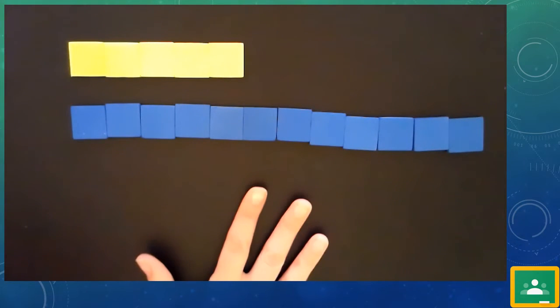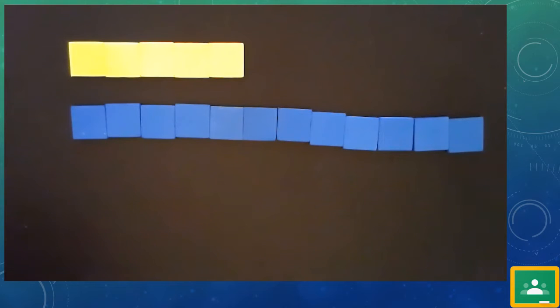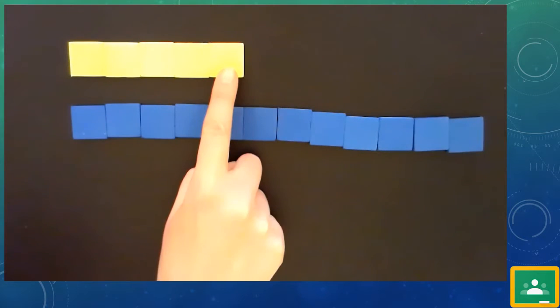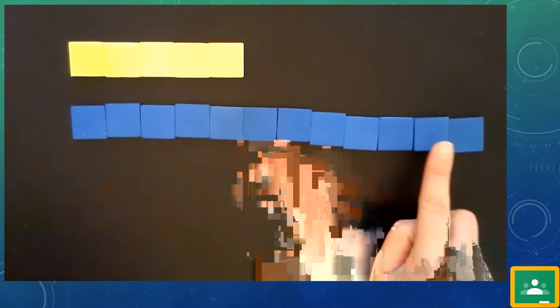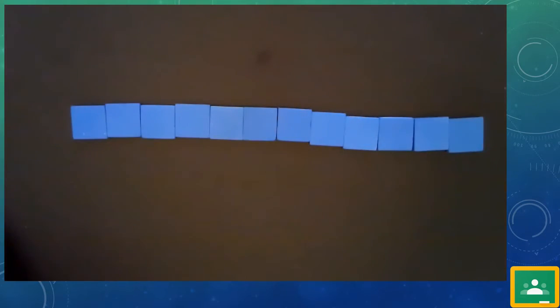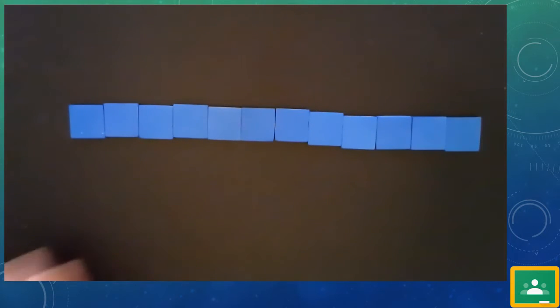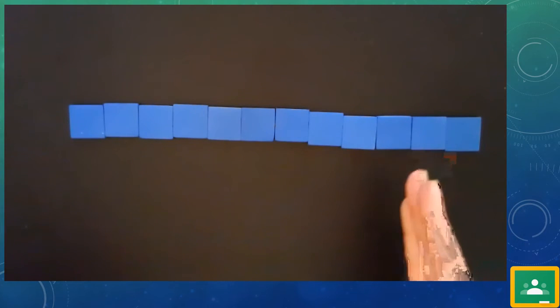On the screen now, you see two groups again. You see a yellow group of square tiles, and you see a blue group of square tiles. If I took one of these groups away and I asked you how many more, you would not be able to answer this question because there's no group to compare this blue group to.